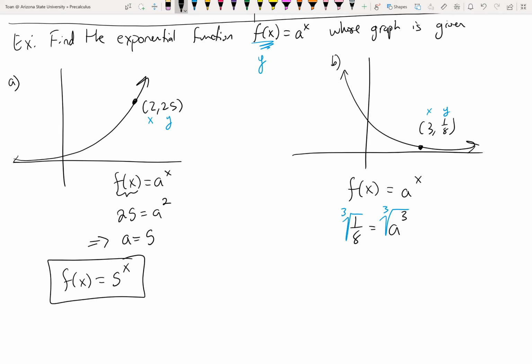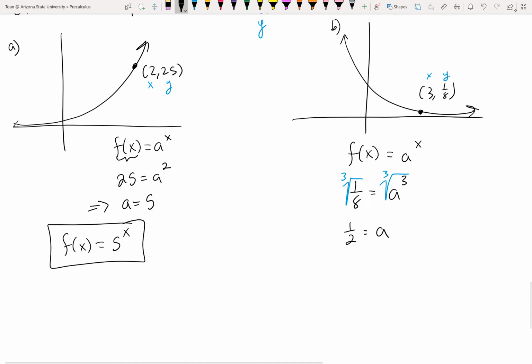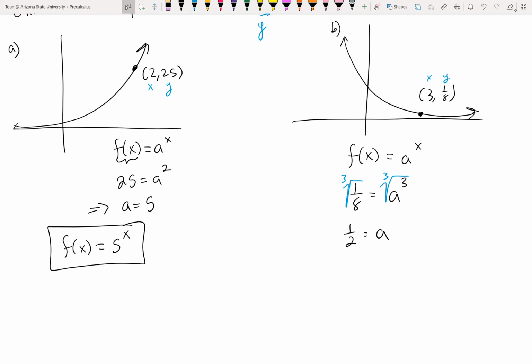And hopefully we can see that the cube root of 1/8 is a half. So the function or the graph of letter B has to be f of x equals 1/2 to the x power. So that's the shape and structure of an exponential function.